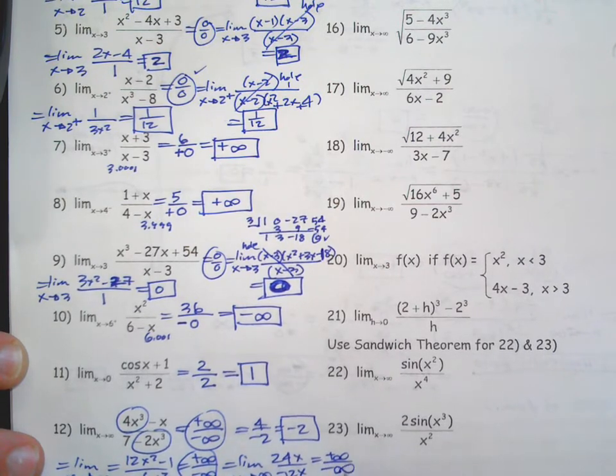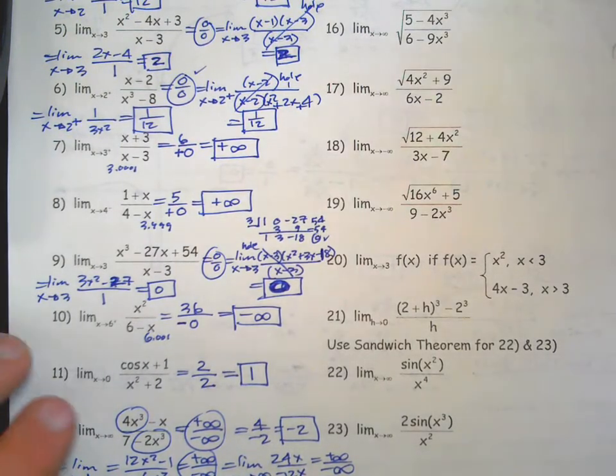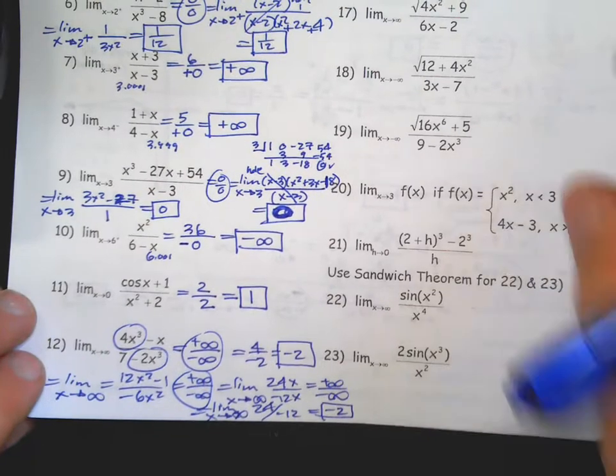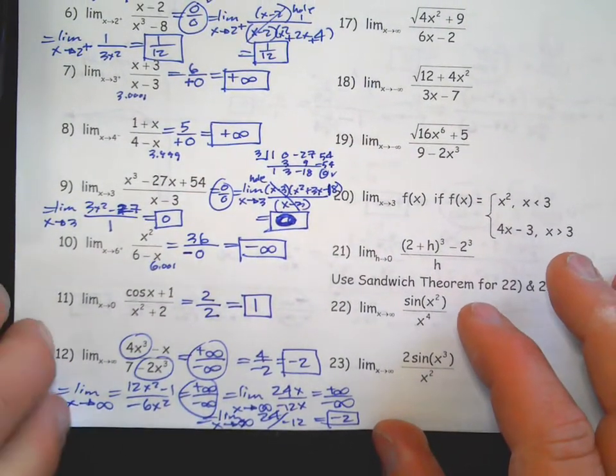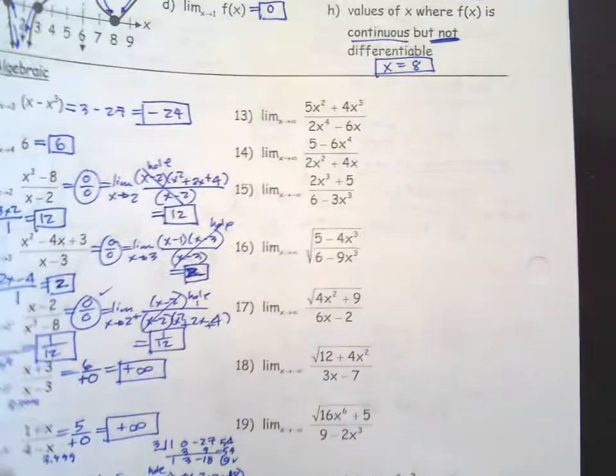So you have to do L'Hopital's rule again. And you'd finally get 24 over negative 12, which is negative 2. So what's easier? Dominant terms or L'Hopital's rule? Dominant terms. Same answer. It works.